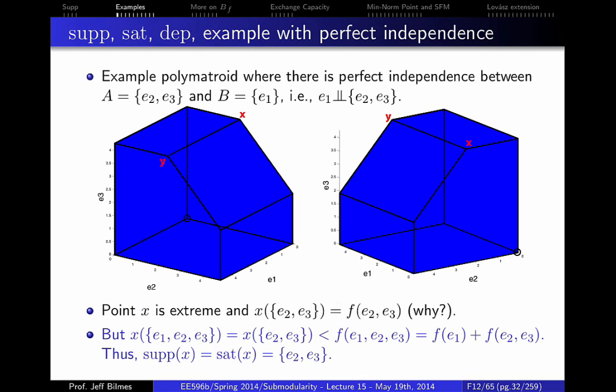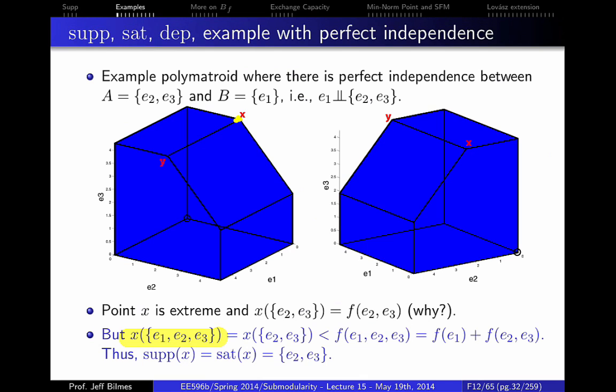But then if we look at x evaluated at E1, E2, E3. Okay, so x of E1, I keep saying x1 when I mean E1. X of E1 is equal to 0. Right? Because remember, when we're at this point here, we're not extended in this direction at all, so therefore it's 0.